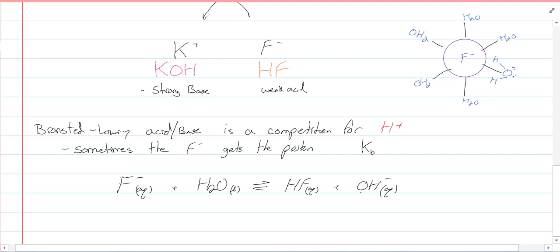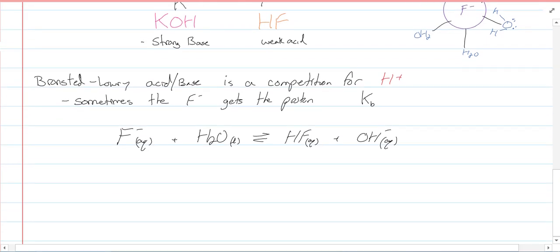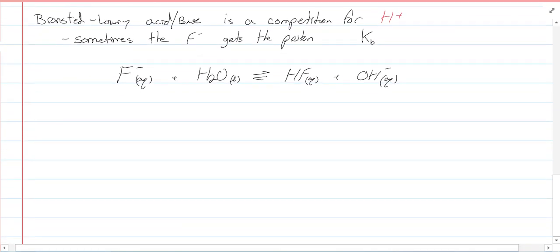So how do I know what ions are going to hydrolyze and what ions are not? It's a great question. So we're going to have the no hydrolysis team. Group 1 metals: lithium, sodium, potassium, rubidium, and cesium.